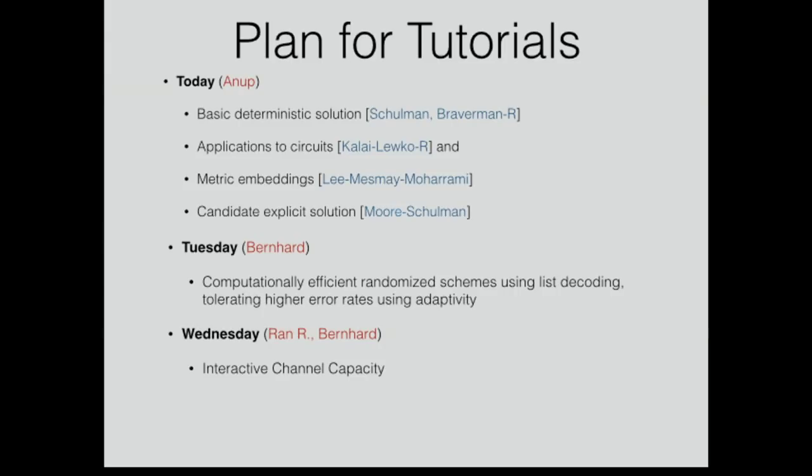How do you figure out exactly what the right capacity is for a channel in this setting? And in the last talk, on Thursday, Klim and Rangeles will talk about list decoding and multi-party communication in the setting. How do you handle more than 2 parties? So that's a broad outline.